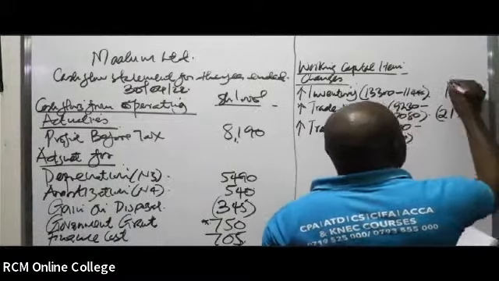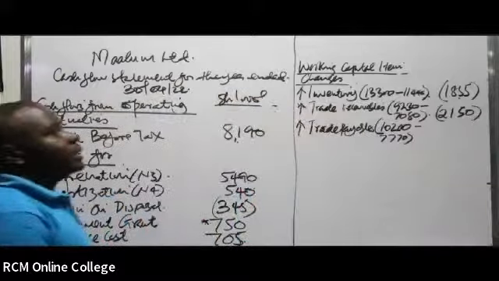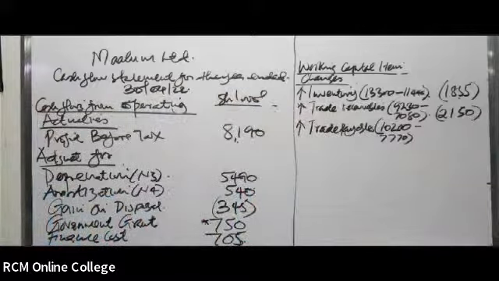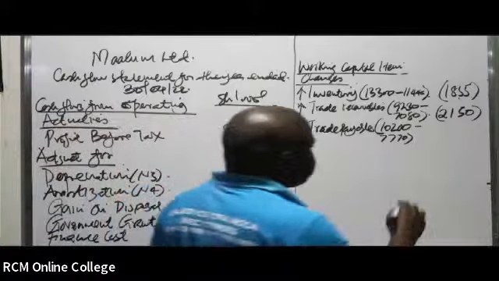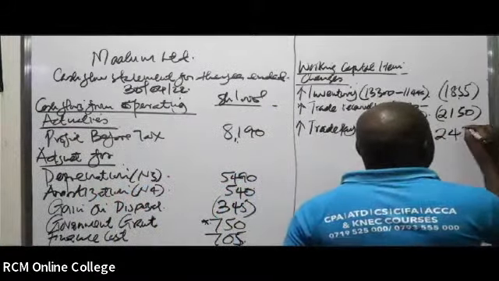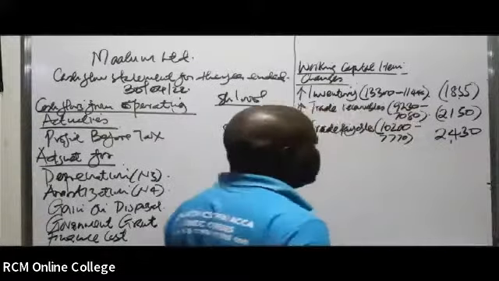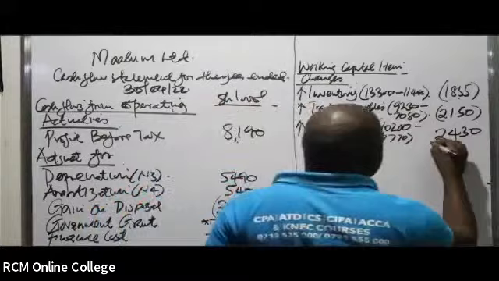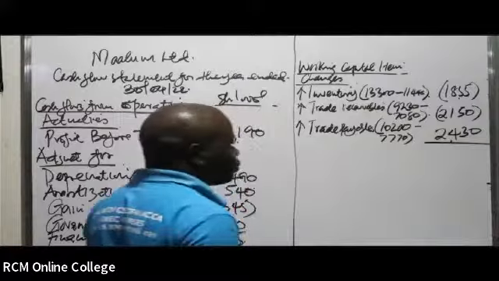Both of them we will deduct, as increases in current assets, while the increase in the current liability, the trade payables, we will add, an amount of 2430. So you'll be able to get a total here.